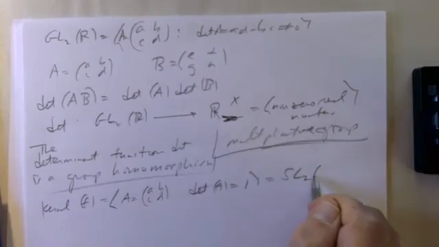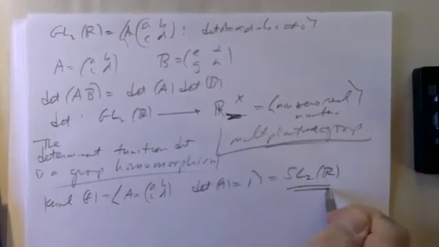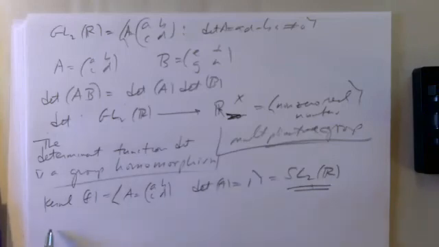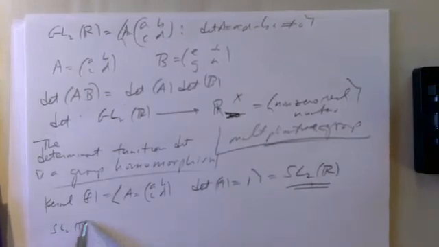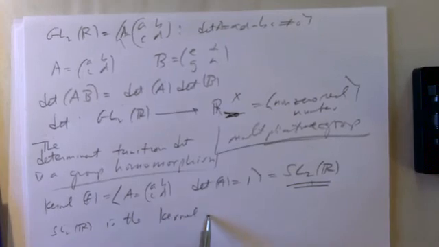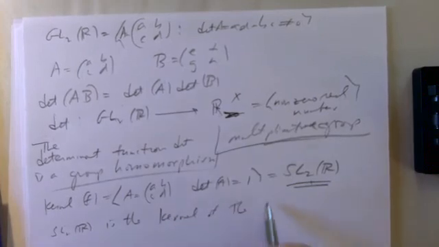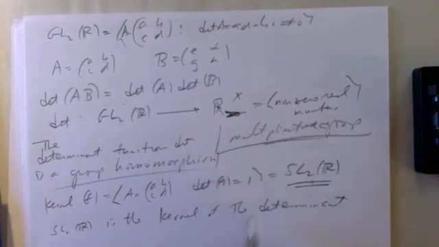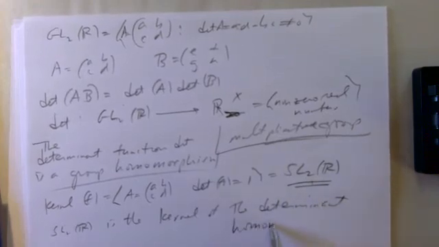That's what I call SL2R. SL2R means all 2 by 2 matrices with real coordinates with determinant 1. So SL2R is the kernel of the determinant homomorphism.